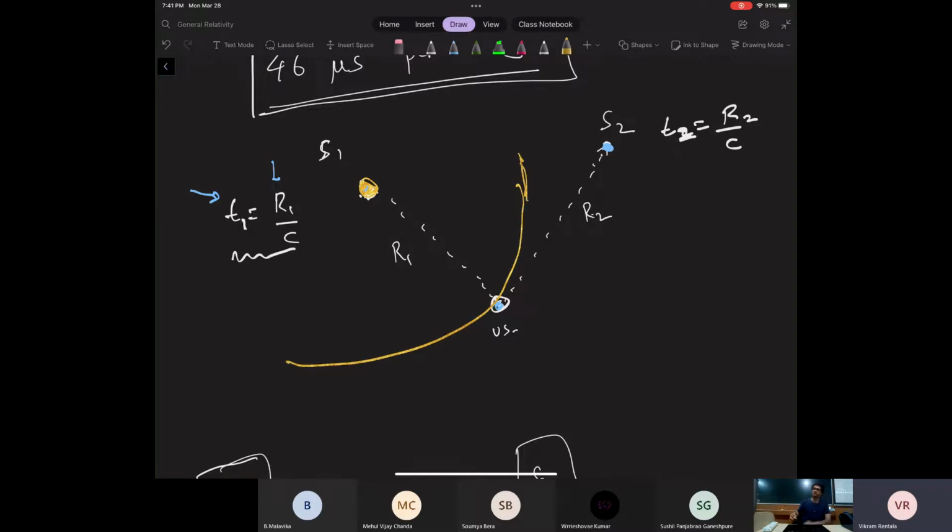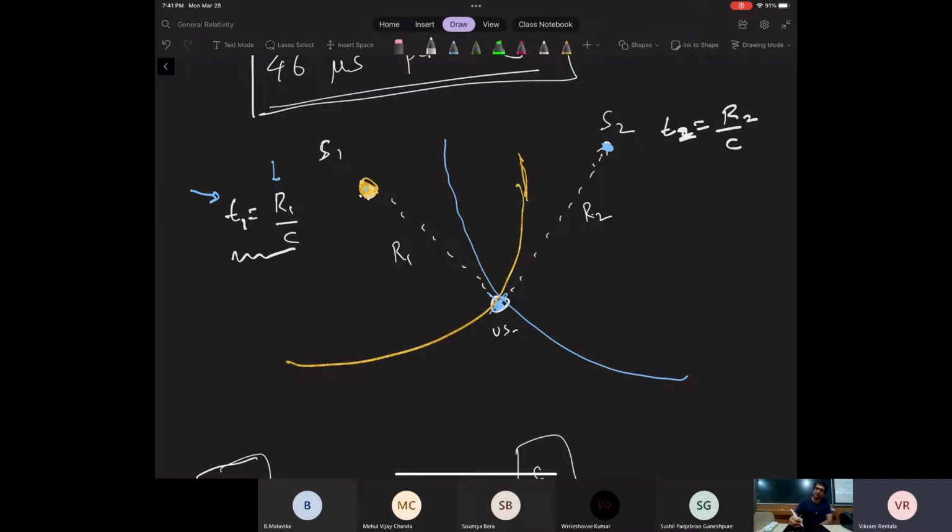Similarly, with the other satellite, I can again localize you to a circle. But by the intersection of these two circles, I can figure out exactly where you are. I've only shown this in 2 dimensions. In 3 dimensions, you need 3 satellites to triangulate your position. But let's just work with this 2D example for now. So now what we want to know is what is the error that we will get on measuring our position.